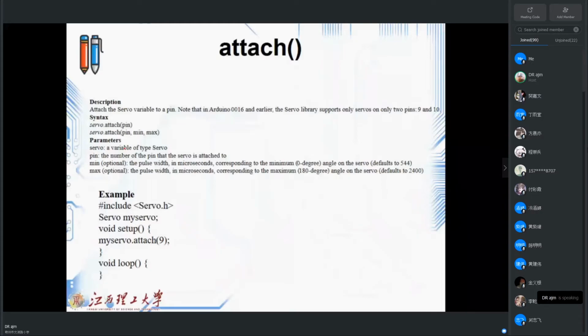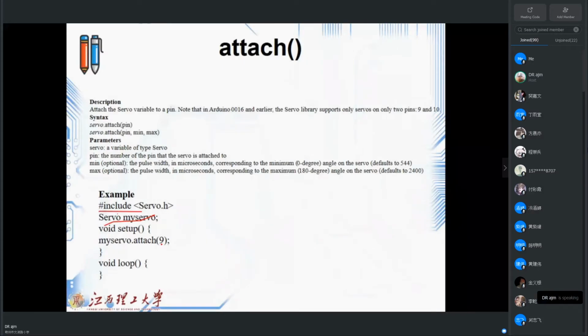I advise you not to use the minimum and maximum. As in the example written here for you, you use the library Servo.h, then Servo myservo, and then myservo.attach(9). It means that I attach my servo to pin number 9.